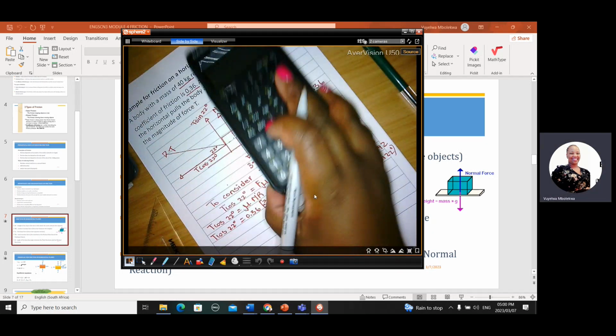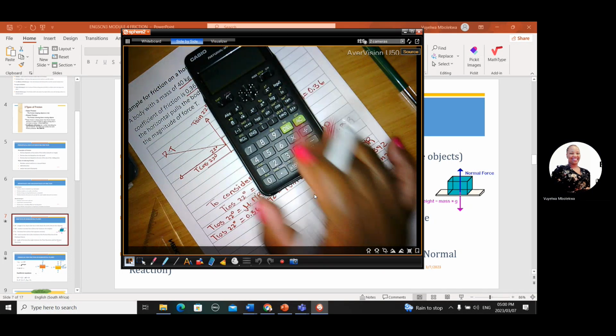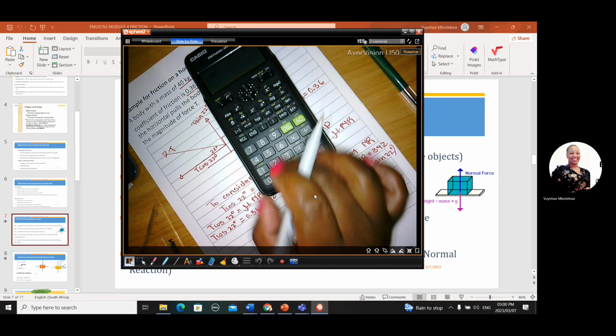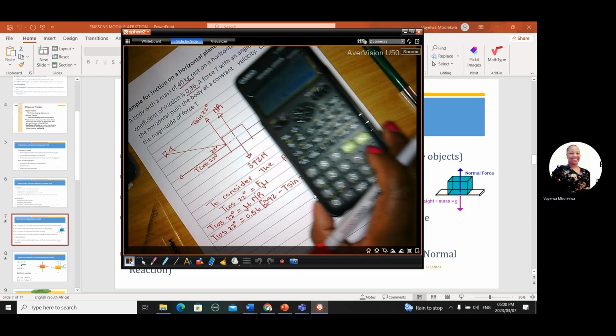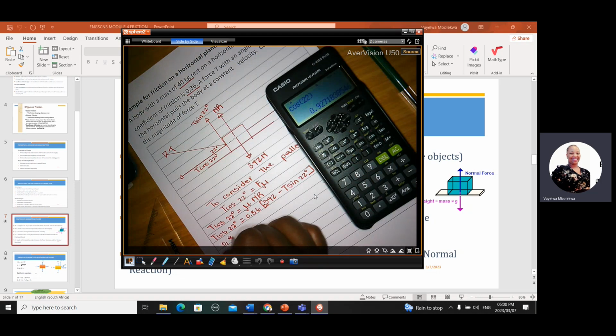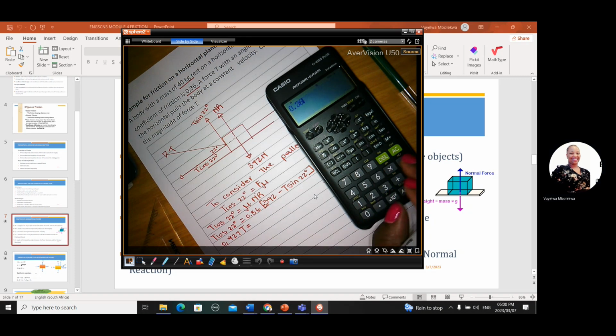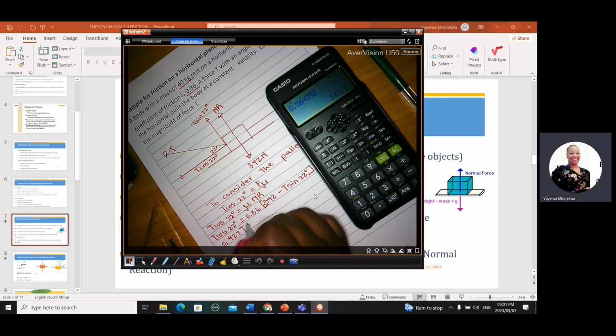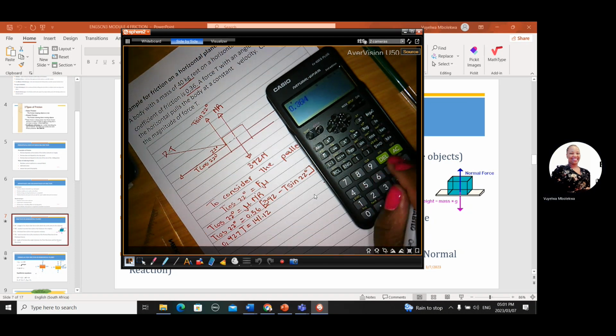Then let's work out our values. We have cos 22 here. What is cos 22? Cos 22 equals 0.927. And then we have 0.36 times 392. It gives us 141.12. Then we have 0.36 times sine 22.